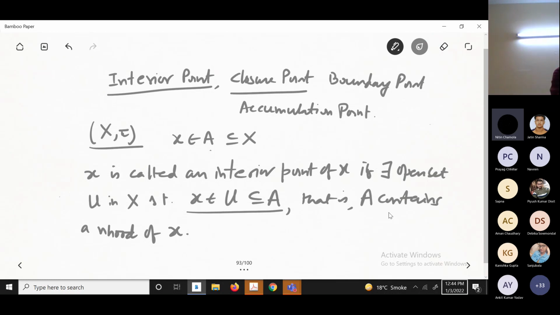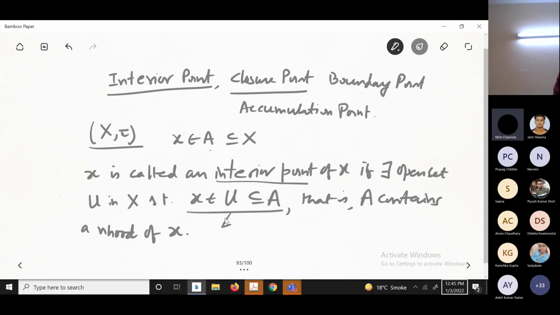Because when you do actual analysis, boundary points will always make problems for your definition of functions and everything. But in an open set, it is not that much of a problem. That's why we take the interior point.